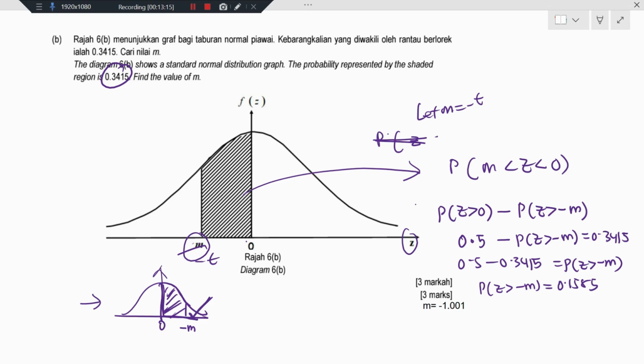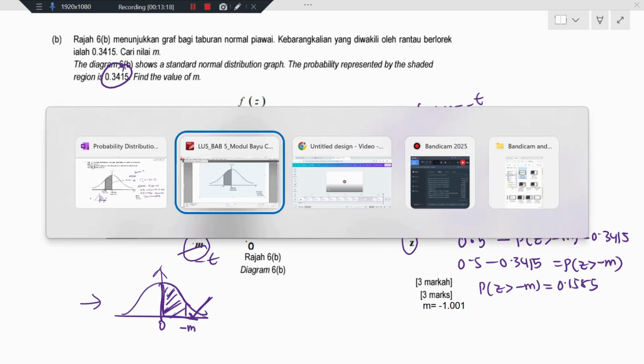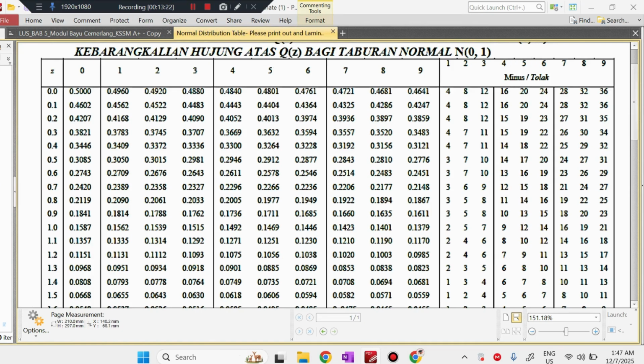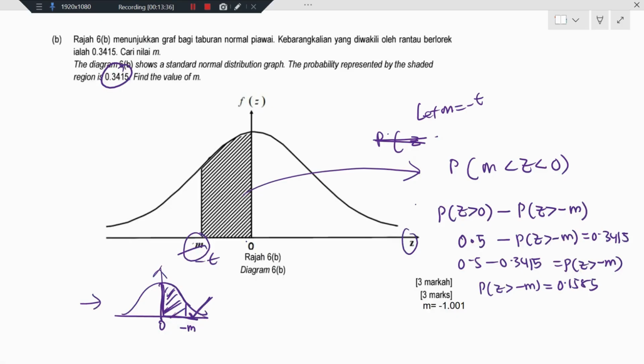You need to find your Z, 0.1585. 0.1585 is where? 0.1587 is at negative 1, so 1.001. So negative M is 1.001. So what is your M? That's what the negative M stands for, right?